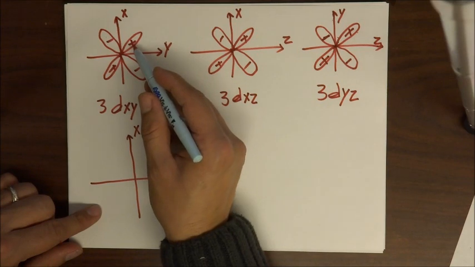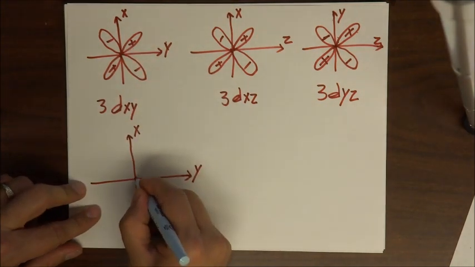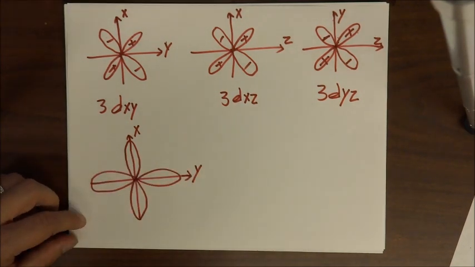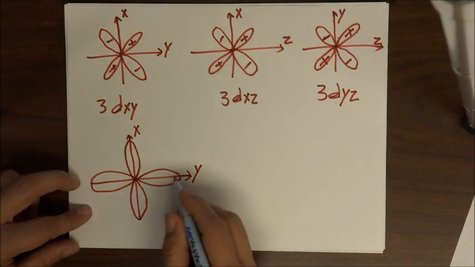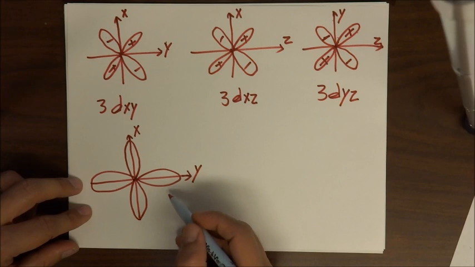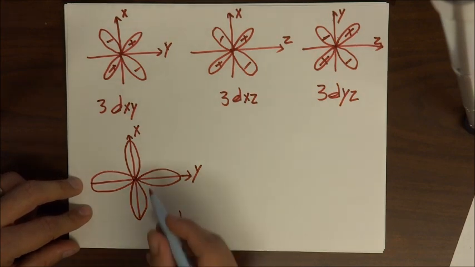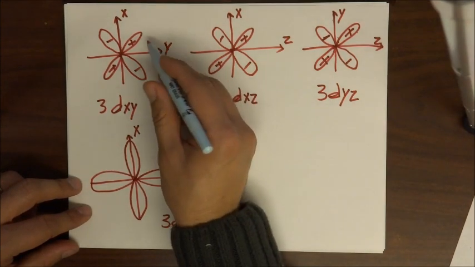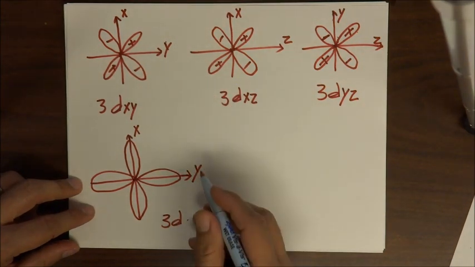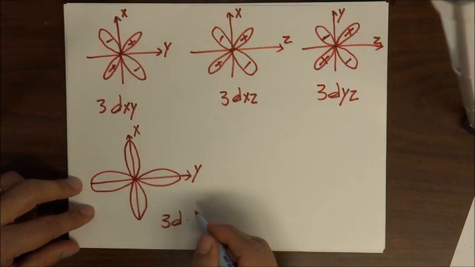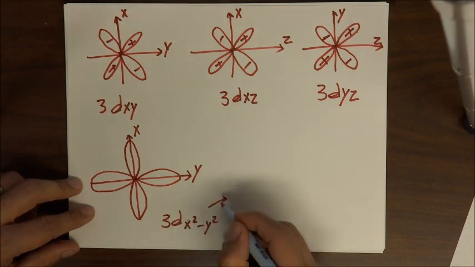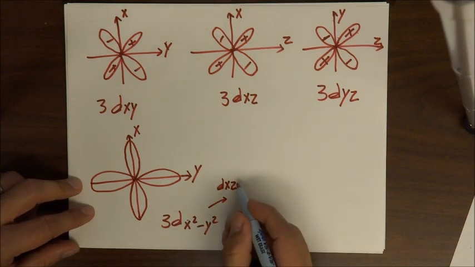And when you put the lobes exactly in line with the axes, in order to make a difference between this orbital, which is a 3d and has the same plane of xy as the first orbital, the way we write the name of this orbital, we put the subscript x square minus y square, because I want to say that this orbital is different than dxy.